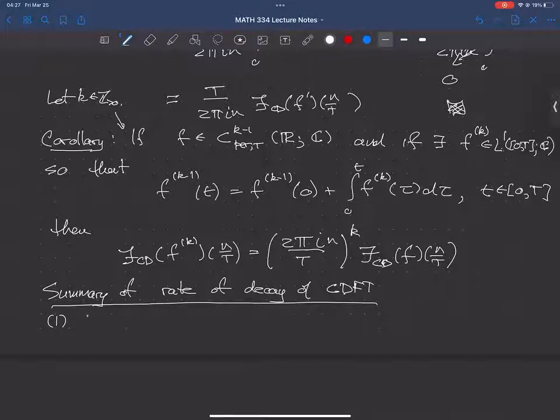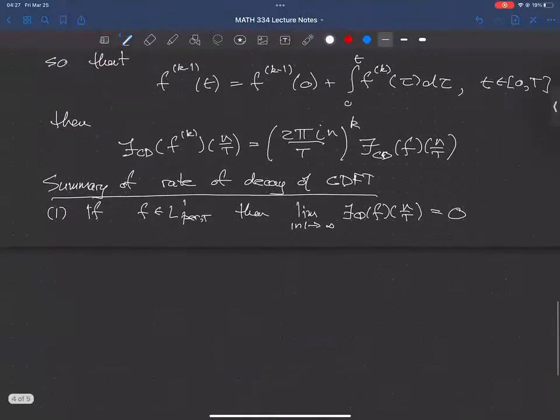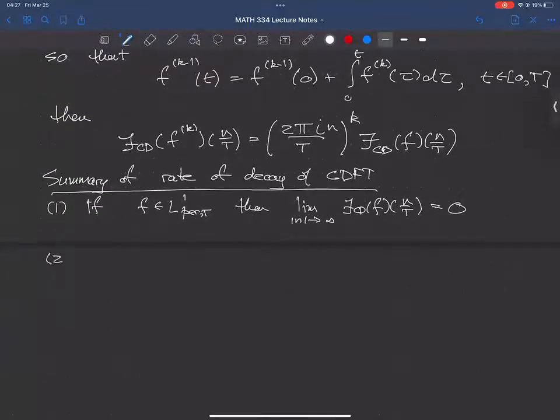So if f is in L1, then I know that the limit as n goes to infinity of the CDFT of f at n over t is equal to 0. That's just the Riemann-Lebesgue lemma that we sketched a proof of last time.